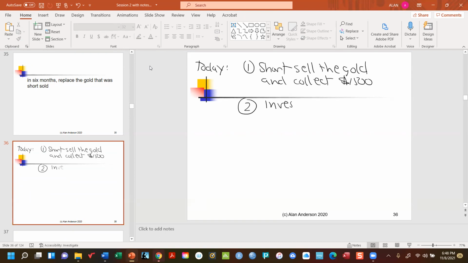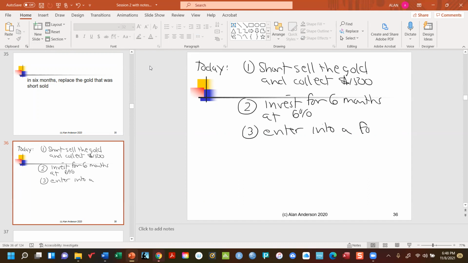Invest for 6 months at, was it 6%? Enter into a forward contract to buy gold for $15.40.